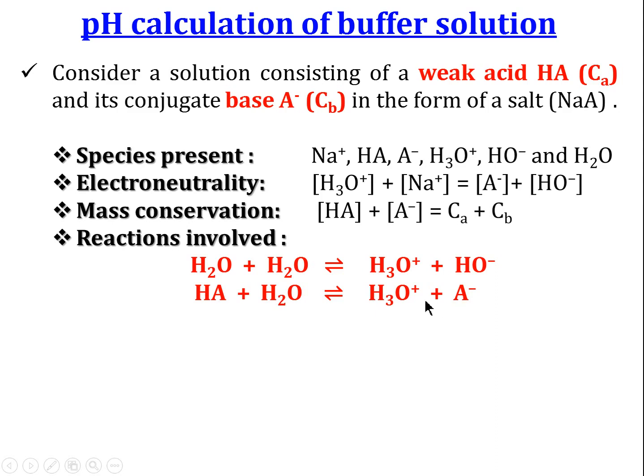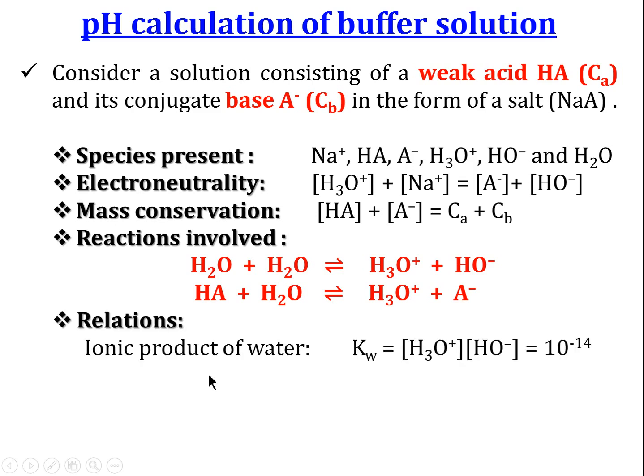One can write the dissociation of A- to HA, which is the same: A- plus H2O gives HA plus OH-. When we write HA in water, we work on Ka of the couple. When we write A- in water, we work on Kb of the couple.